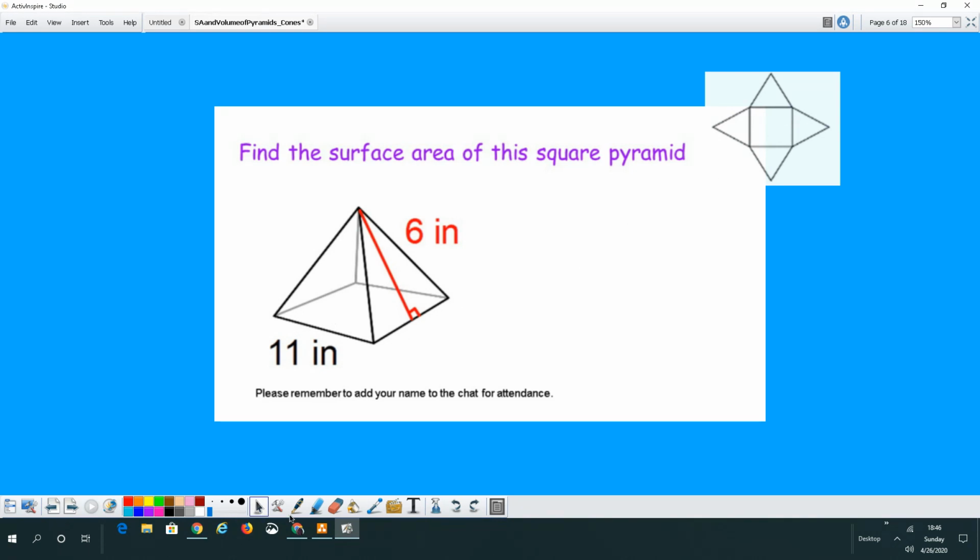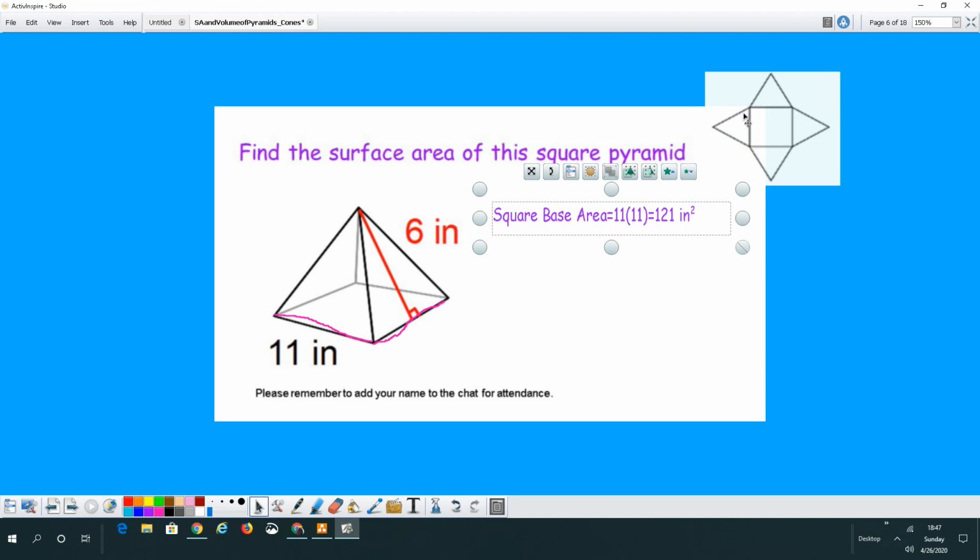So if this one side over here is 11, and this one is 11, then the other one's going to be 11 as well. They're both 11. All right. So we have to find the area of that base. And the area of the base, because it's a square, is going to be 11 times 11, or 121 inches squared, because we're talking square.